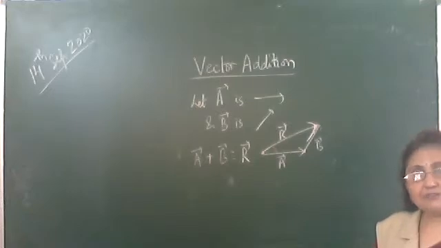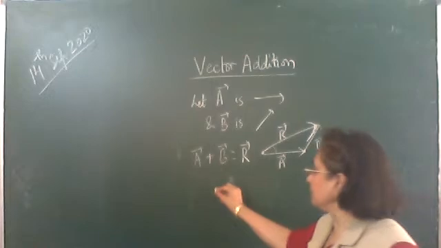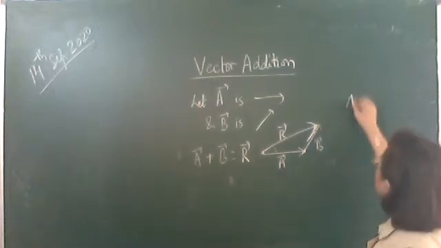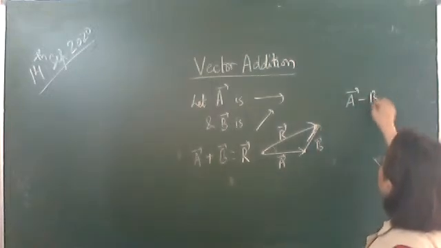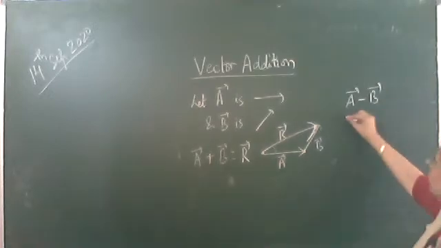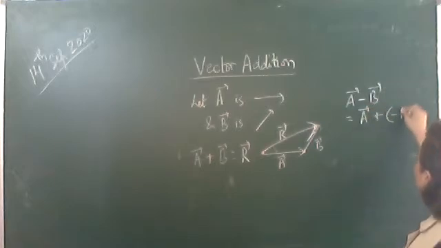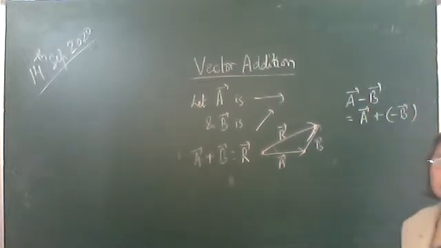Now suppose we have to subtract two vectors. We have to find A minus B vector, that is, subtract B vector from A vector. A minus B vector can be written as A vector added to minus B vector.